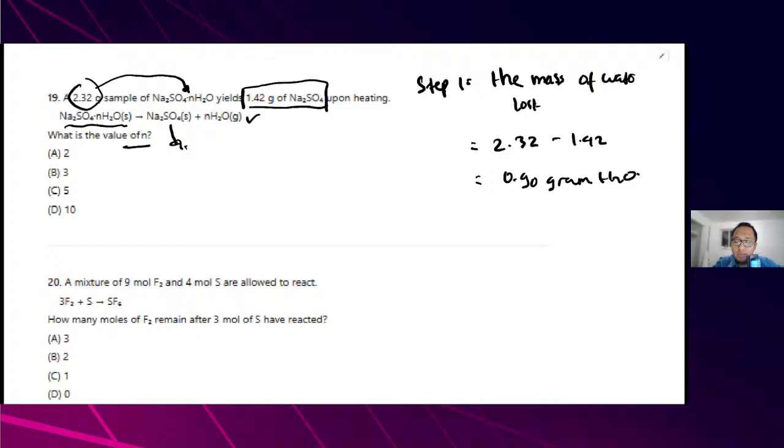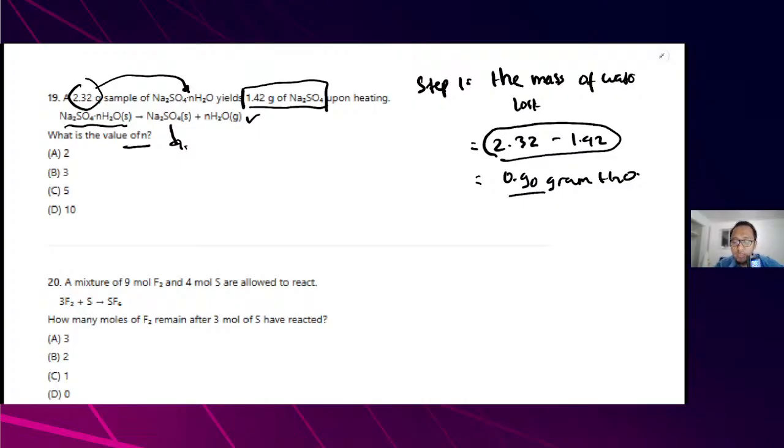However, there is also a side product, which is H2O. As we know from this calculation, it is 0.90 gram H2O.